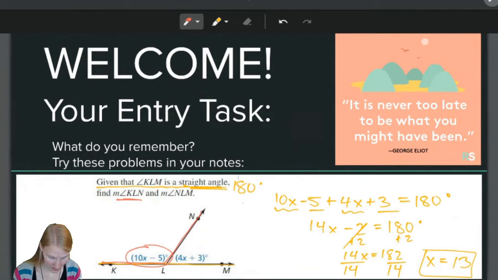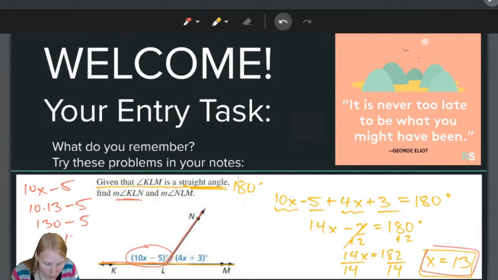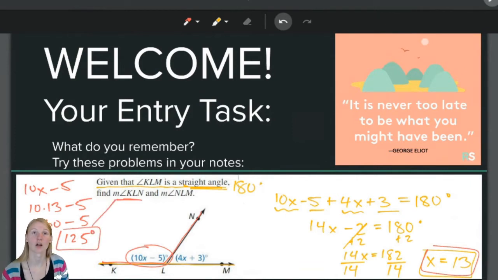So if I take 10x minus 5 and plug in the x we found, I get 10 times 13 minus 5, which is 130 minus 5, which is 125. So the measure of angle KLN is 125 degrees.